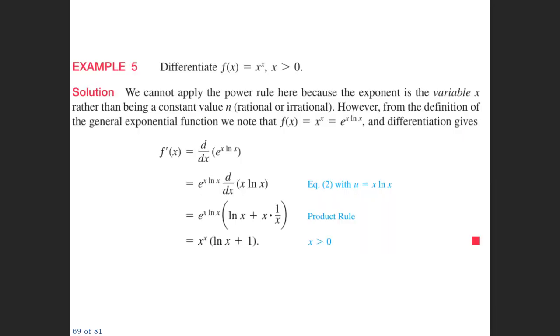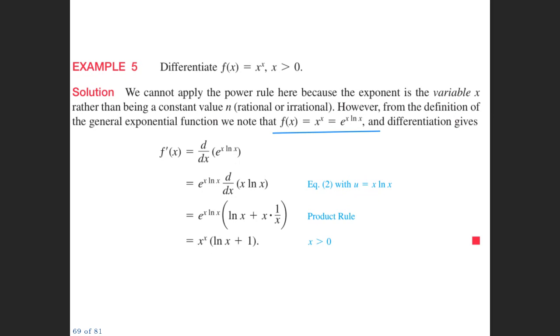Okay, but how do we differentiate x to the power x, assuming that x is greater than 0? We can't just use the power rule because we don't have x to the power n, we have x to the power x. But we can do the same thing that we did before, because x to the power x means e to the power x ln x.